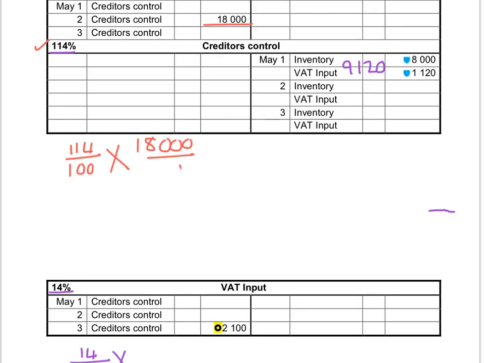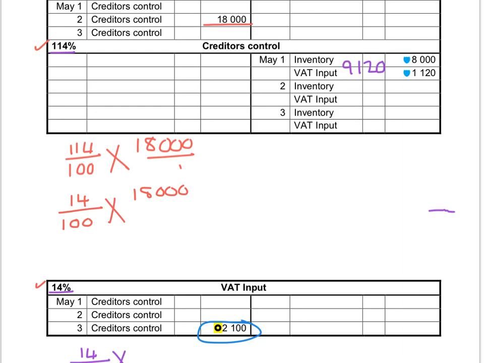If I want to calculate the VAT, the one that we want, 14, divided by the one that was given to us, that was the amount excluding the VAT, so that's 100 times 18,000.